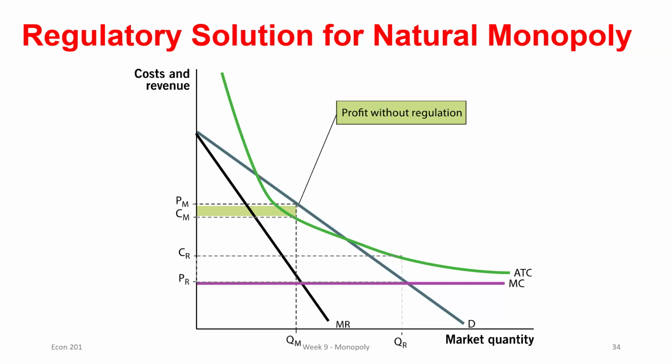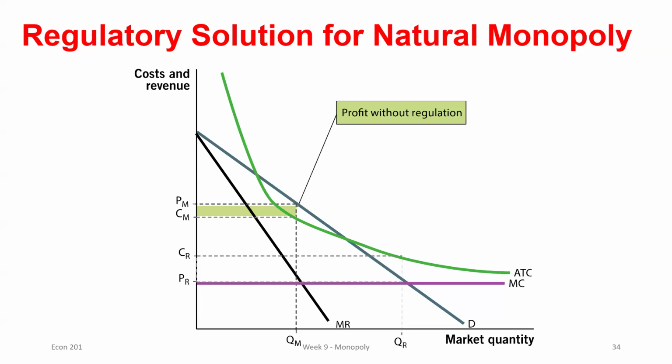Well, I'd be out here, marginal revenue, that price that they can now charge is still above their marginal cost. So this would be my quantity with regulation. And at this new price, what is true? So this is my new price with regulation. That price is equal to average total cost. So I've driven profits down to zero.